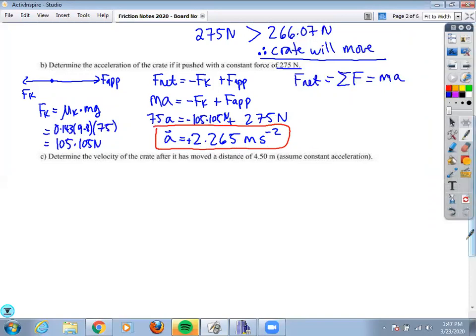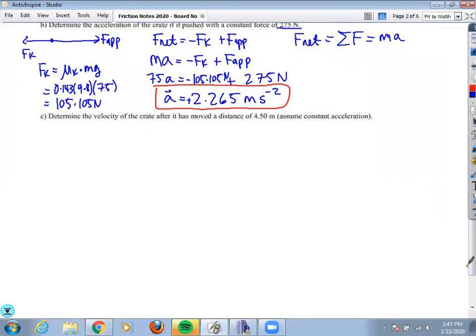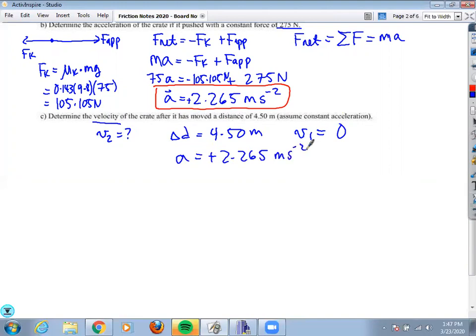Okay, so now that we know this thing is accelerating at 2.265 meters per second squared, we can do some kinematics. So determine the velocity, so that would be v2, of the crate after it has moved a distance, delta d, of 4.50 meters. So of course, the safe assumption would be v1 would be 0, starting from rest. And we know acceleration is positive 2.265 meters per second squared.